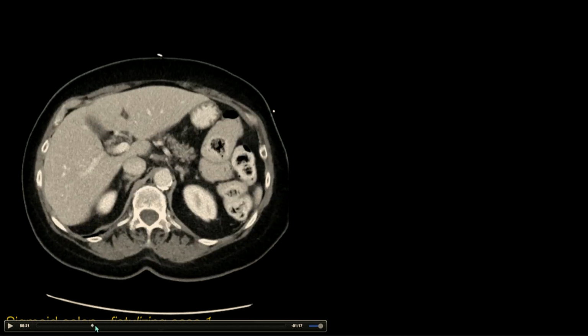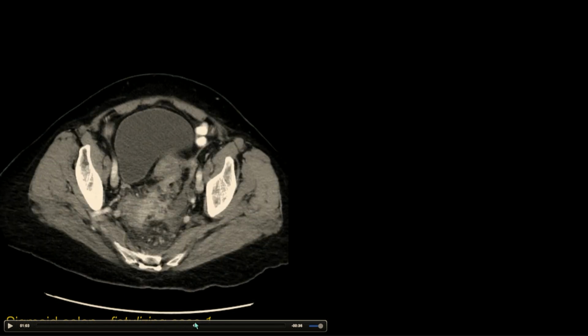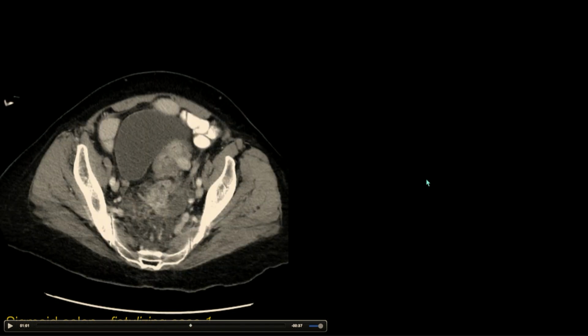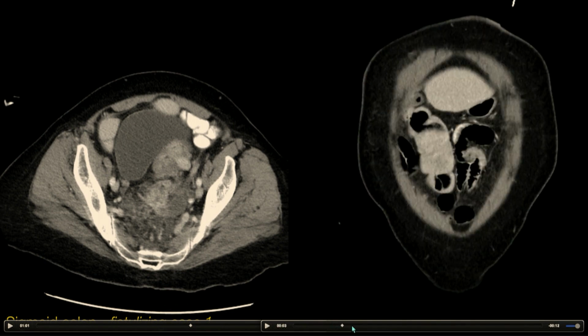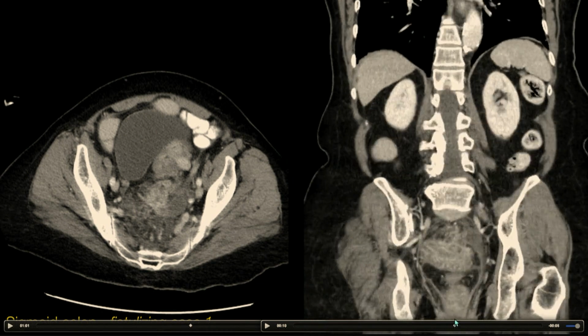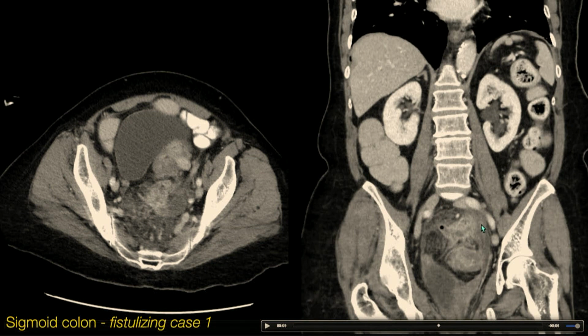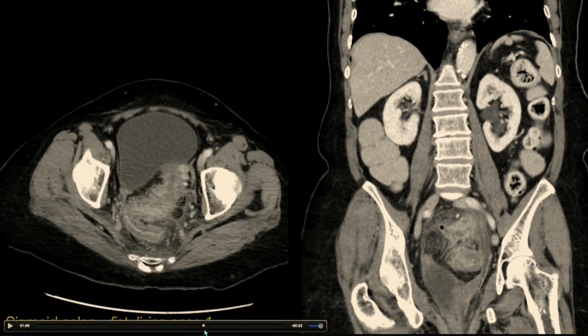When you're dealing with fistulizing cases of diverticulitis, there's often a characteristic appearance when you get into the pelvis. And honestly, if you had to pick one word to describe that characteristic appearance, it kind of looks like a mess, right? So you scroll down, you're seeing complex, enhancing tethering between the loops of bowel.